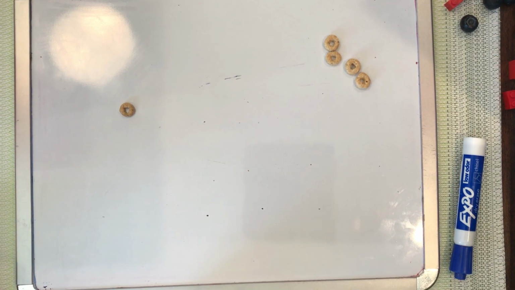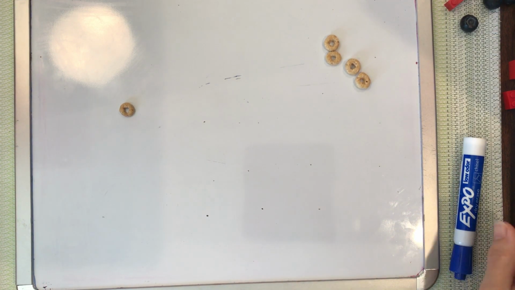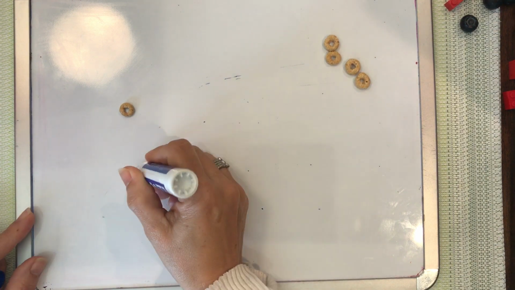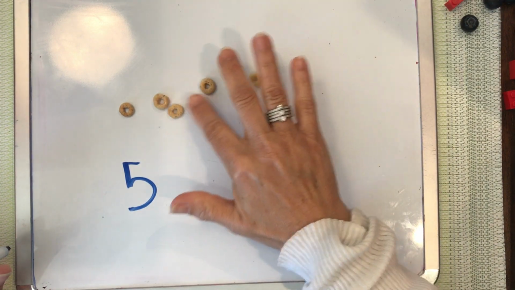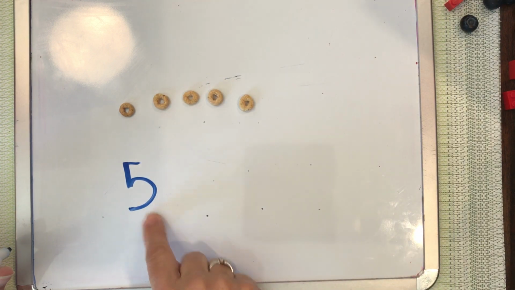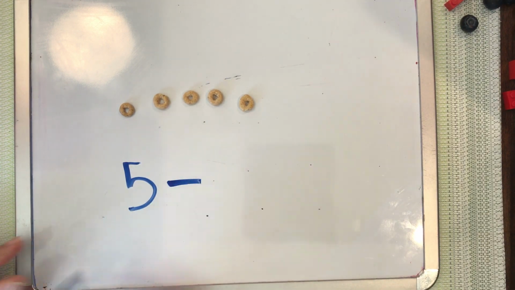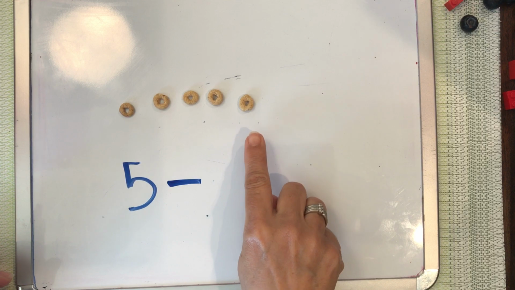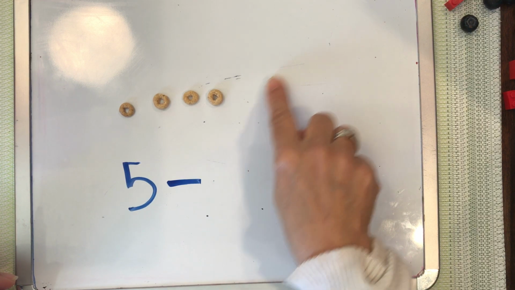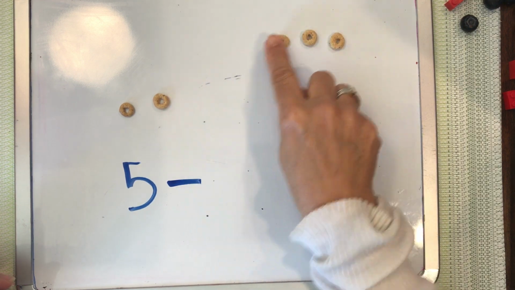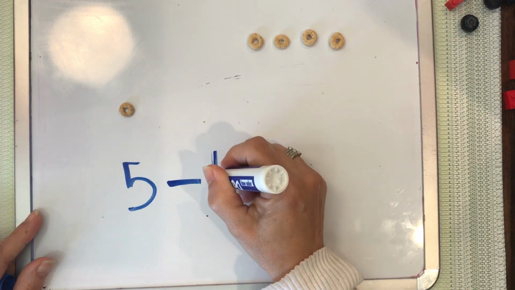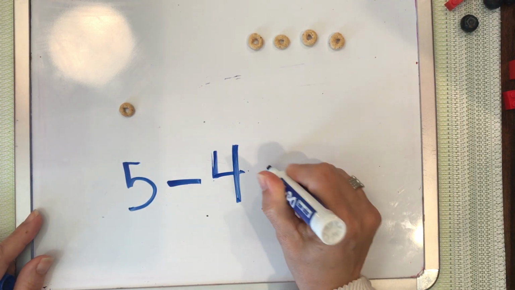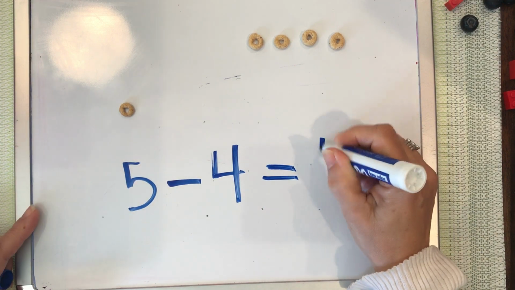And how many do you have left? 1. And then you can write the number sentence. 5, we started with 5, so that's always going to be the first number you write. 5 minus, and we're going to take away 4. So I'm just going to move 4 away. 1, 2, 3, 4. How many are left? 5 minus 4 equals 1.